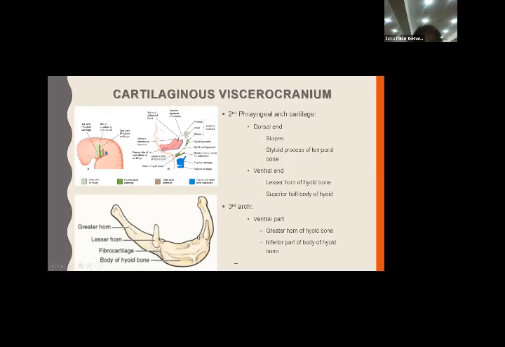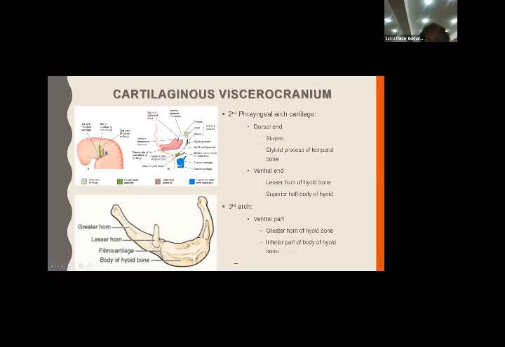मैं फिर repeat कर देती हूँ. The bones that develop by intracartilaginous ossification, viscerocranium की मतलब फेस की वो bones. Second arch posterior से शुरू होके anterior पे चले. Posterior थी stapes.